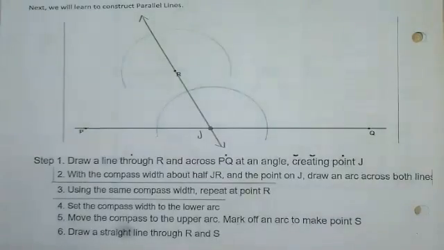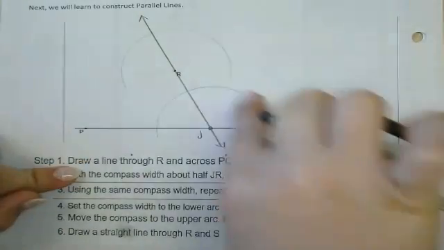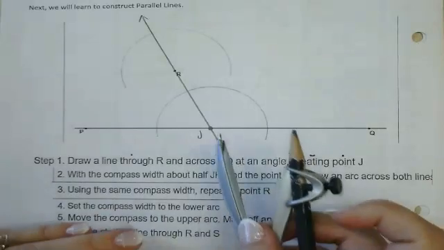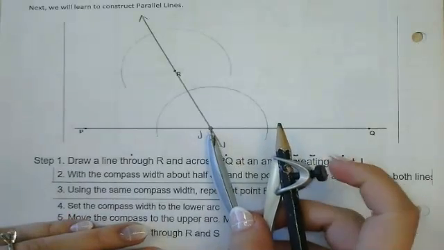All right. So now once I've got these two arcs drawn on my segments, I am then supposed to set my compass to the width of the lower arc. Okay, so this is my lower arc, and the width means the entire thing. So I won't have my pointed end at J anymore.